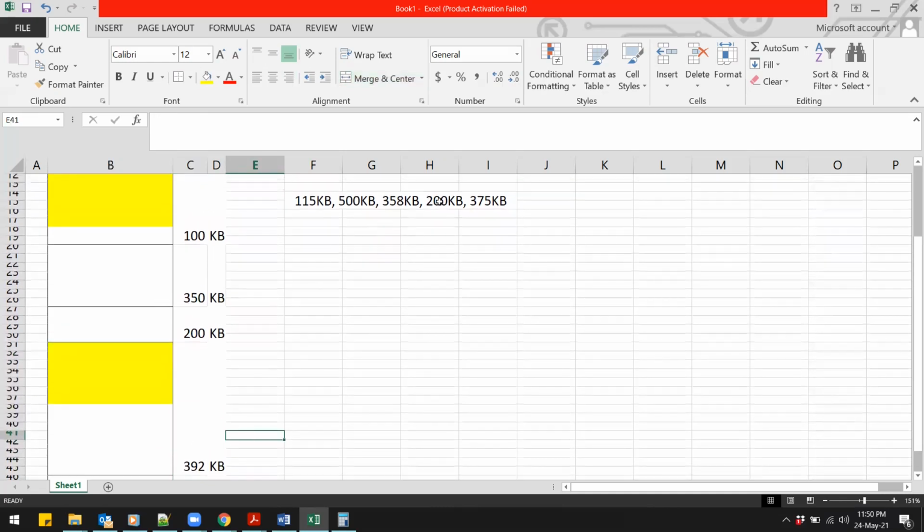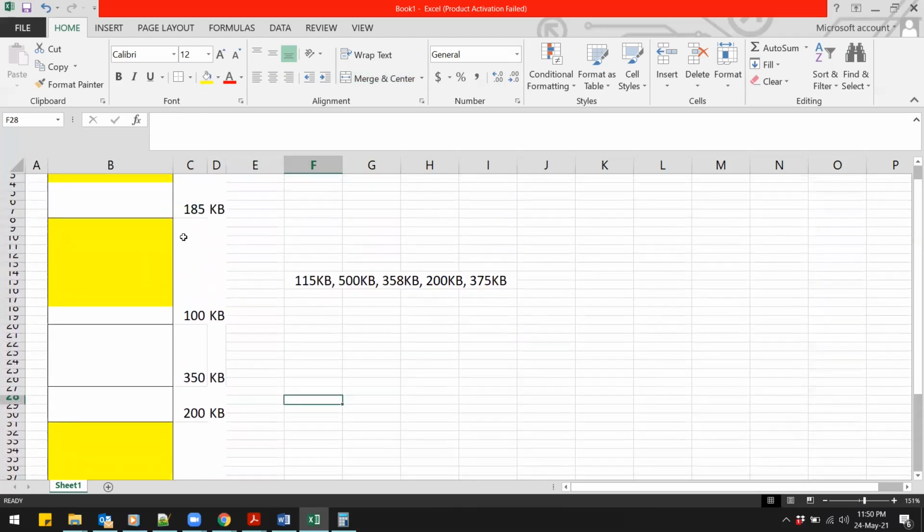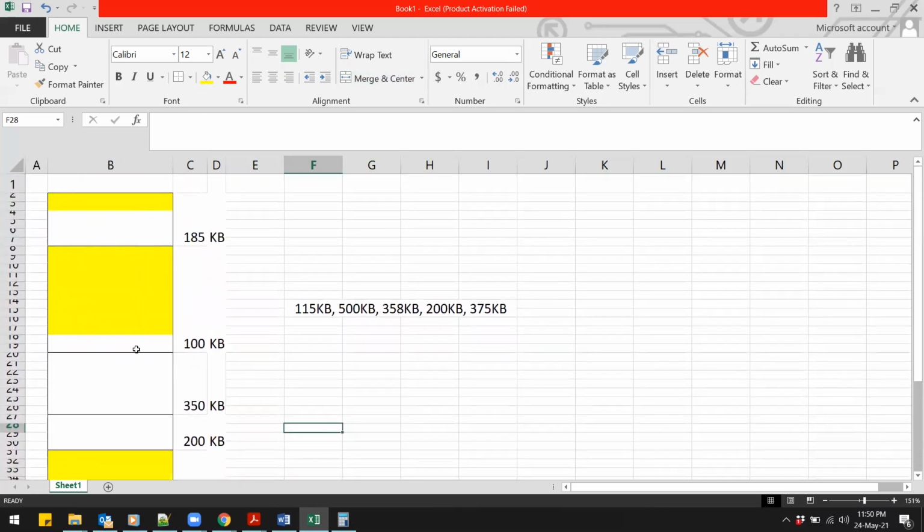Then the next one is 200 KB. We are going to start from the top. We find that 200 KB can fit in this 350 KB segment. So we'll place the 200 KB in here. From this 350, we are left with 150 KB.